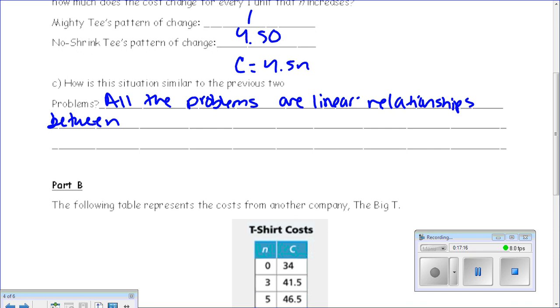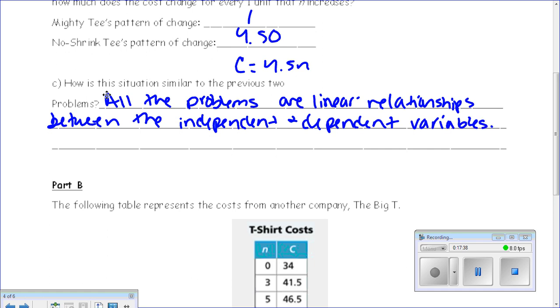Between the independent and dependent, these are our vocabulary words from 2.2. And also, like you just stated, there is a CROC, constant rate of change, going on in both.